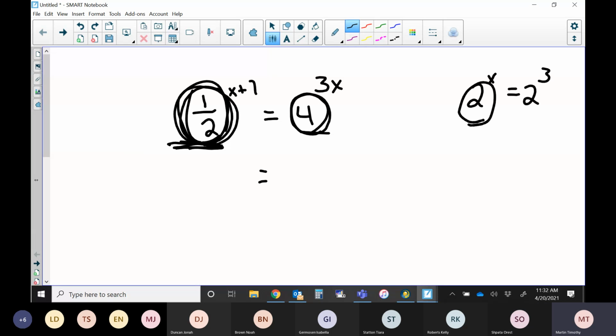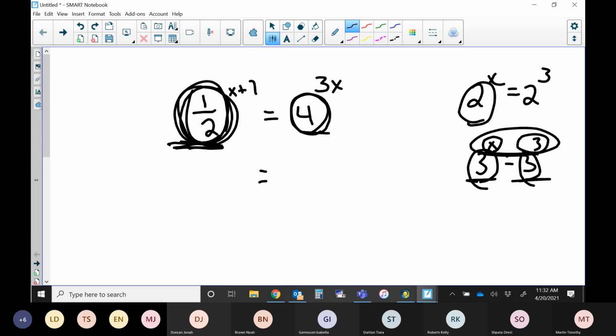We need this to be 2 to some power, or even 3 to some power. We need this to happen. We have the same base, and then they have exponents, because then I can make the exponents equal. That's our goal. How can we make these both have the same base? What could we change 4 to?